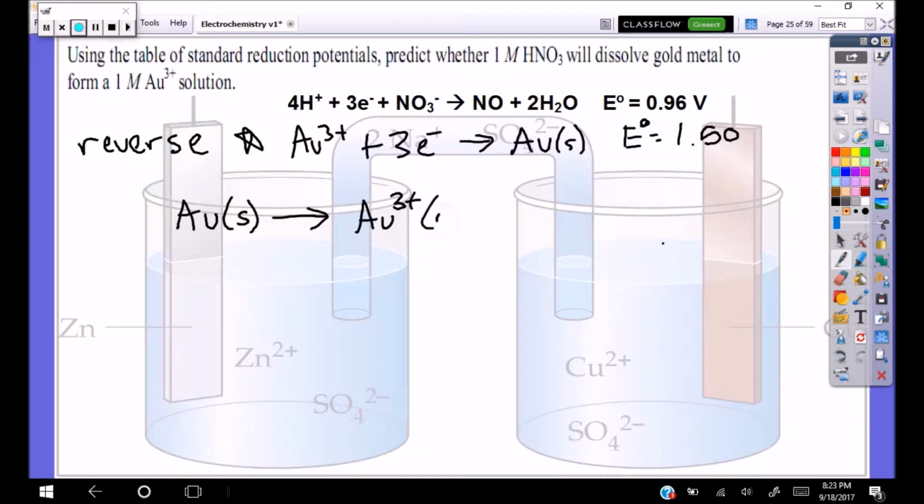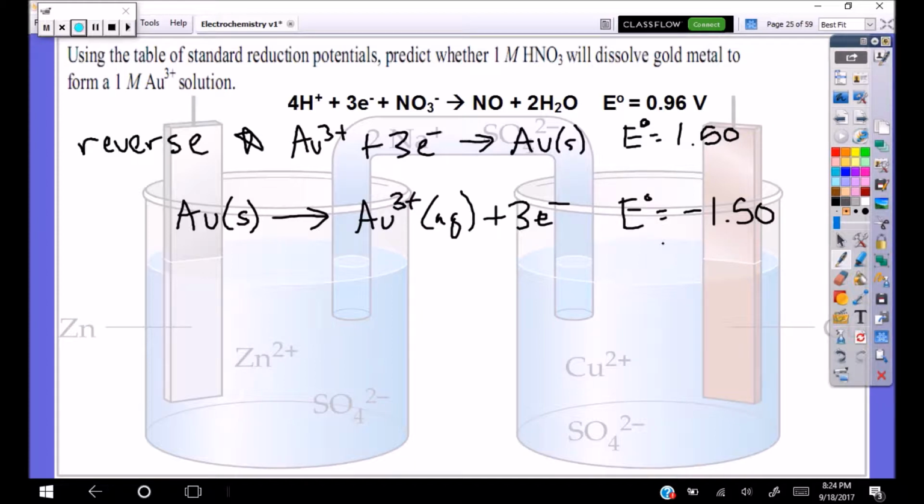I meant to write the aqueous symbol in there before. It is aqueous, plus 3 electrons. And if we reverse it, the only thing we have to do to our cell potential is make it negative. Now, normally I would say it's good practice to go out and balance this whole thing, but in the end of the day, that's not really what we want to know.